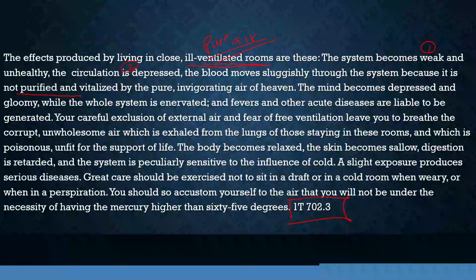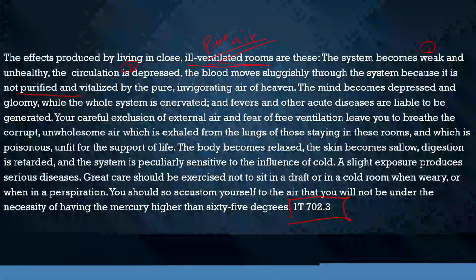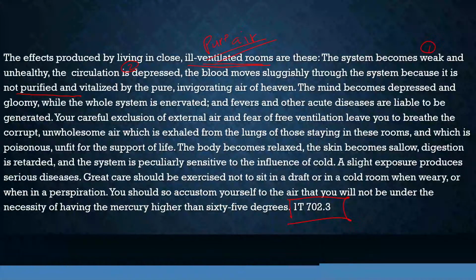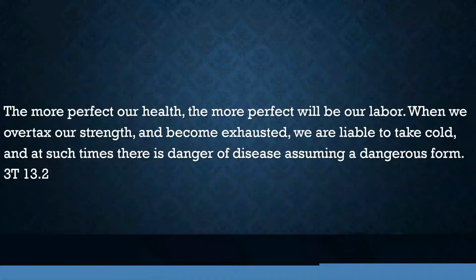We'll discuss that more when talking about the cardiovascular system. So the body, these are some of the effects. So we should at least try, as much as we can, to avoid living in or habiting such rooms.